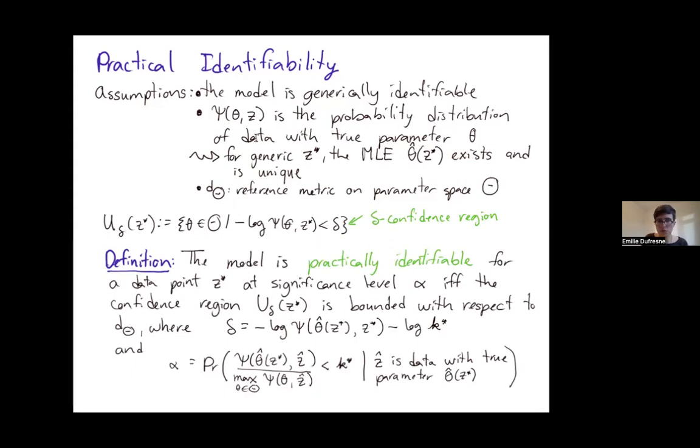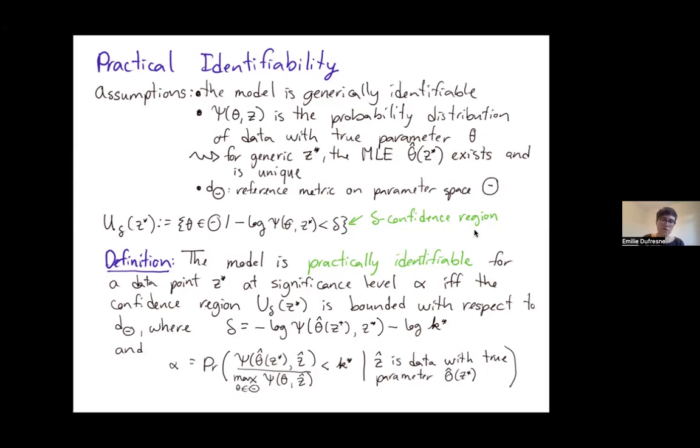So what we need first to define is this delta confidence region. I've written it here: it's U delta of Z star. So I put in the data point, and it's in terms of this little delta. This is going to be the set of parameters such that the negative log likelihood of psi of theta Z star is strictly smaller than delta.